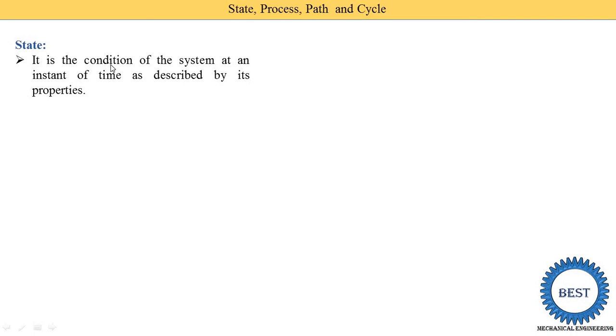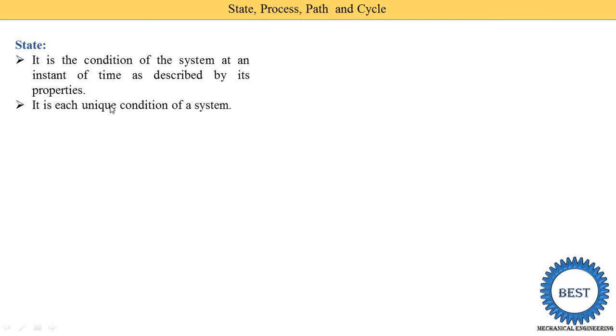For finding the state, or putting the state on a PV, TS or HS diagram, or any diagram, we require at least two properties of the system.